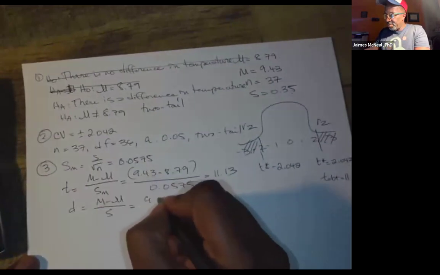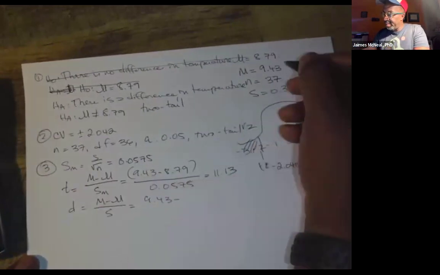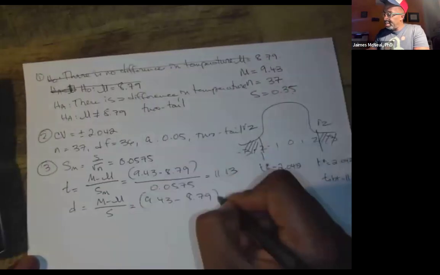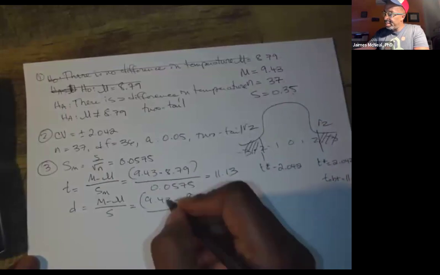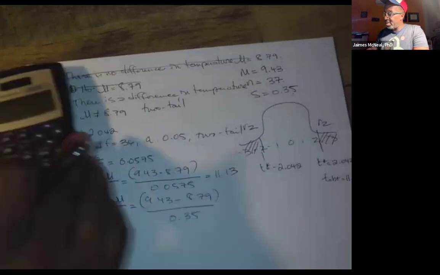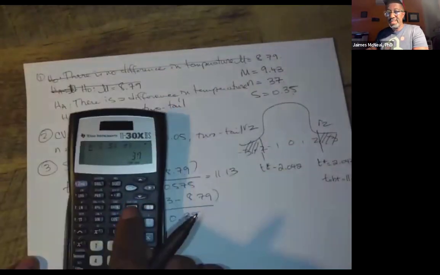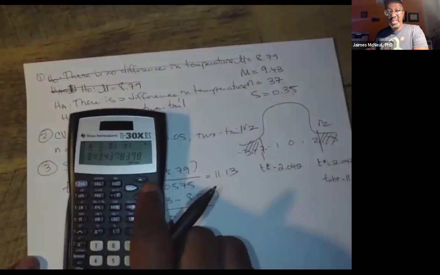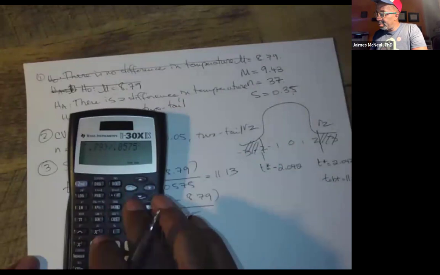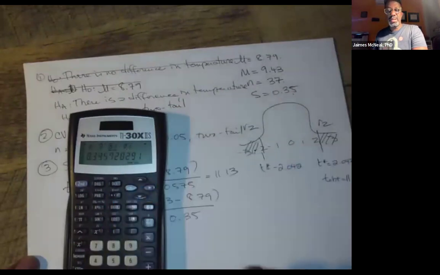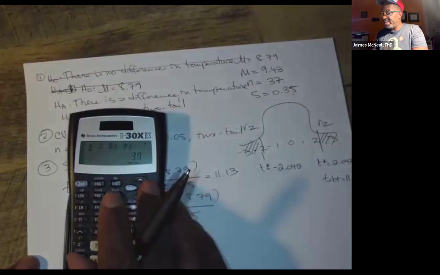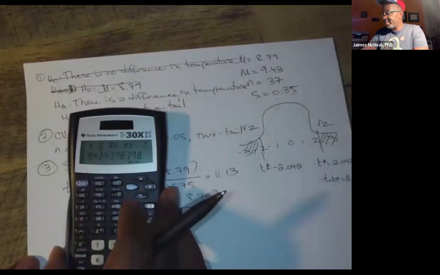So again, it's 9.43, which is the mean, minus 8.79, which is the mu, divided by the standard deviation, 0.35, which we got from our calculator. Anytime I press stat variable, until I clear the data, I can still see what the standard deviation is, what the n size is, and what the average or the x bar is.